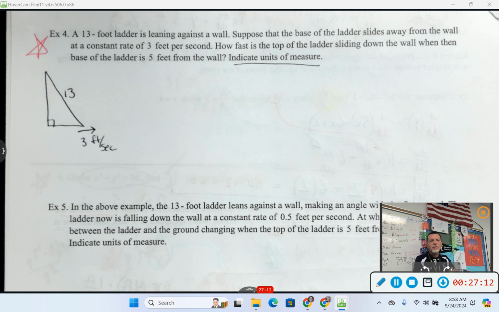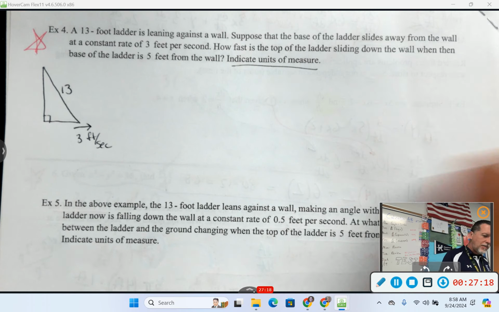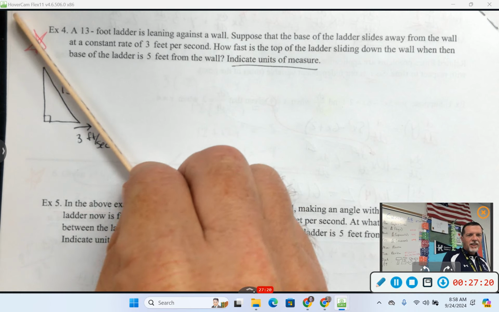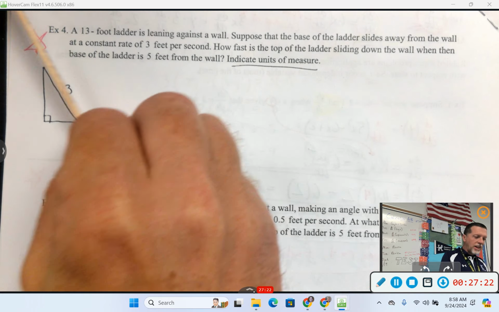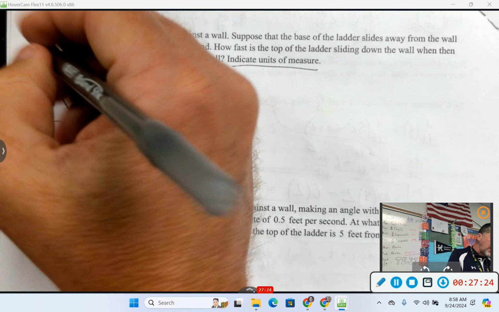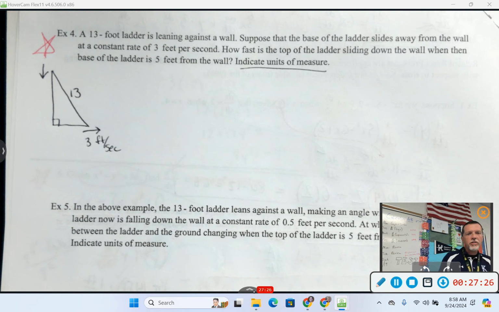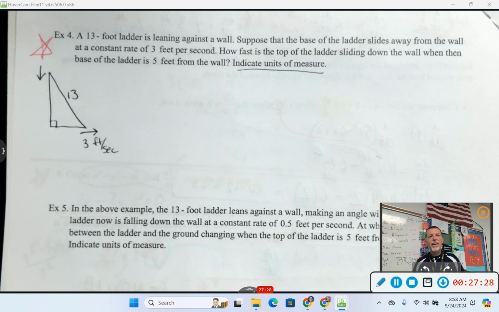I think I just want to label it. It's sliding out at 3 feet per second. So I think you can see if the ladder's sliding out, then the top is sliding down, and that's what we're looking for. How fast is that going down?